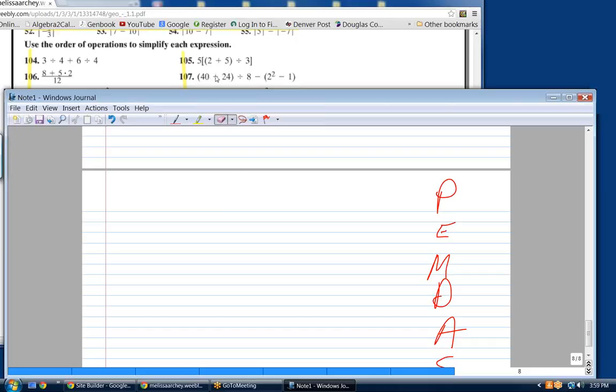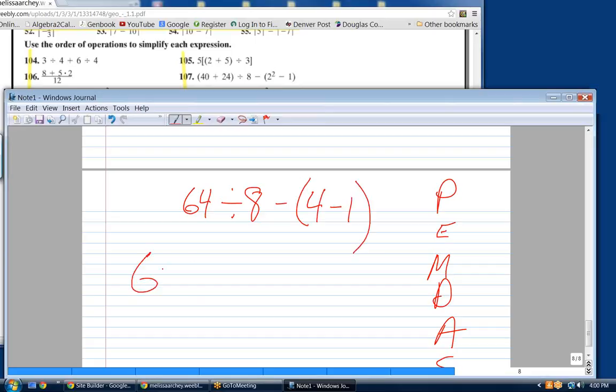Okay, so what's the first thing I'm going to do here? The parentheses and then, so 40. Well, here's a case where you actually do the exponential before you do the parentheses. You can do this parentheses first. There's nothing wrong with that. So 40 plus 24 is 64 divided by 8 minus, in this case I want to do the 2 squared first. 4 minus 1.